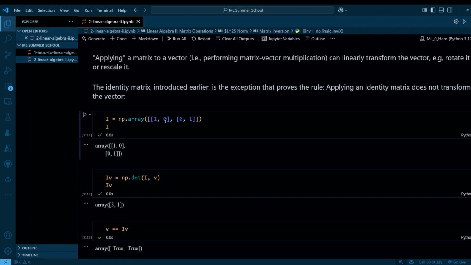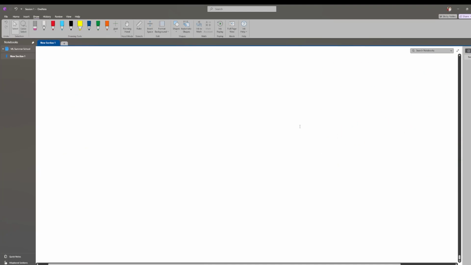You see 1, 0, 0, and what does it mean? Let me write it down here as well so that you understand. Take my time. 1, 0, 0, 1 is the identity matrix, right?